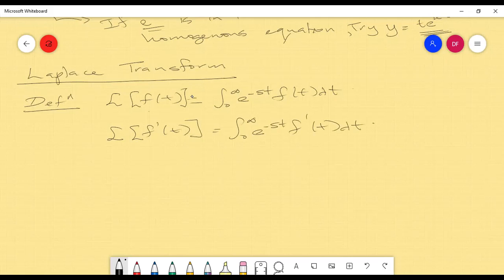But integration by parts: u dv is equal to u v minus the integral of v du. So if we use this as u and this as dv, then what we are going to end up with is u, which is e to the minus st, times v. When you integrate a derivative, we just end up with the function itself.